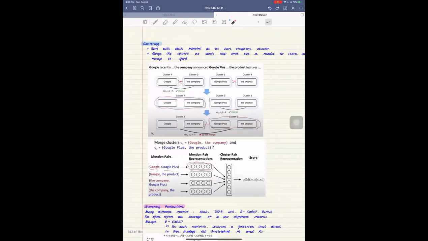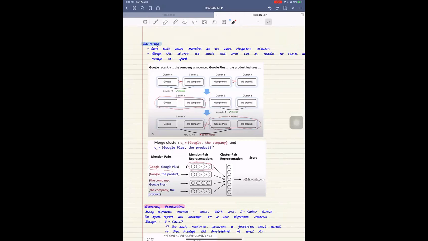Okay. So another model, which is very similar to the traditional clustering model, is called the mention clustering model. This model starts with each mention as its own singleton cluster, just like k-means. It's going to merge clusters at each step and use a model to score the cluster and see whether that merge is good or not.